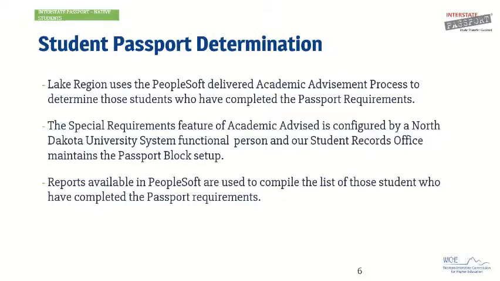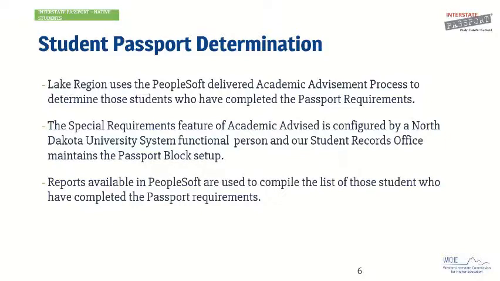As far as determining which students are transfer students that come in with passports, we don't have very many because most of our transfer students do not come from the WICHE states, at least not at present. What we do with that is our admissions office essentially checks off if we do have the transcripts.